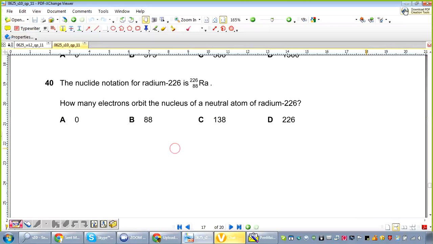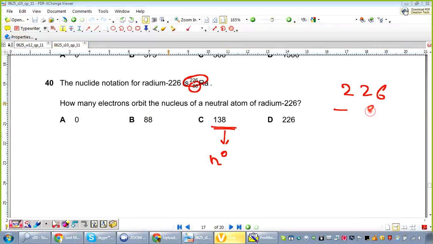Because this number is always going to give you the number of protons, equal to the number of electrons if the atom is neutral. This will give me the sum of protons and neutrons. This number 138 will give me the number of neutrons, because when you subtract 226 minus 88, it is 138. That gives me the number of neutrons.